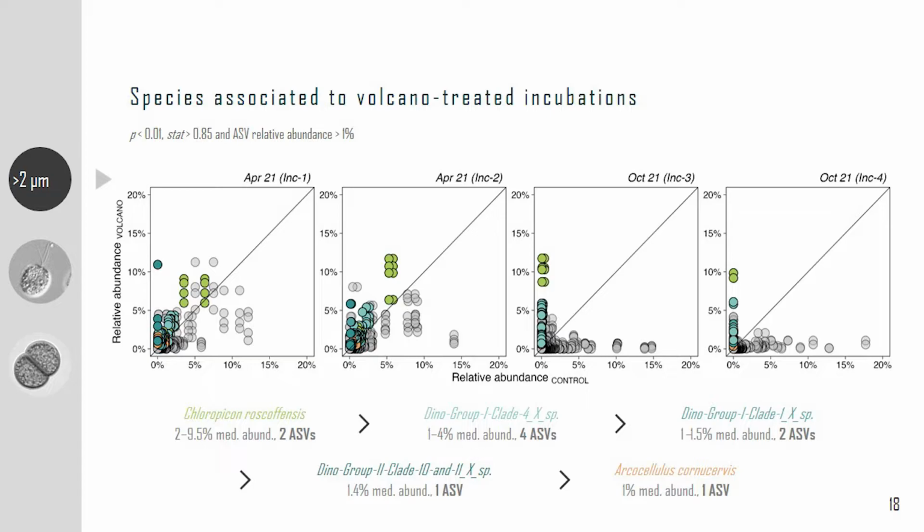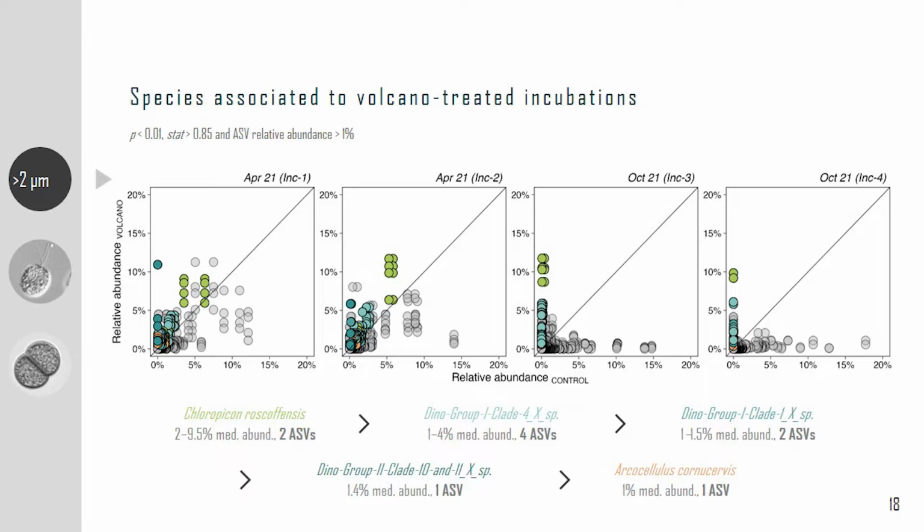As we can see, we have Chloropicon roscoffensis, which is one species of the family I've been talking about, and has great relative abundances in our volcano-treated incubations, and also a unique species of diatom.